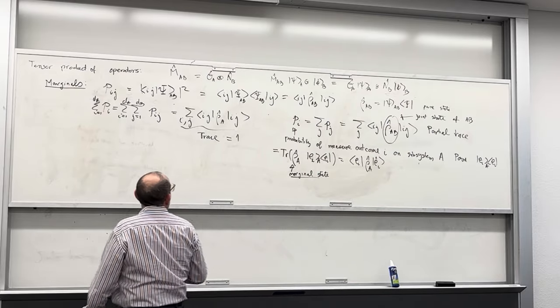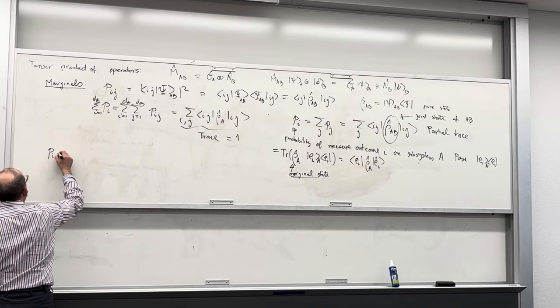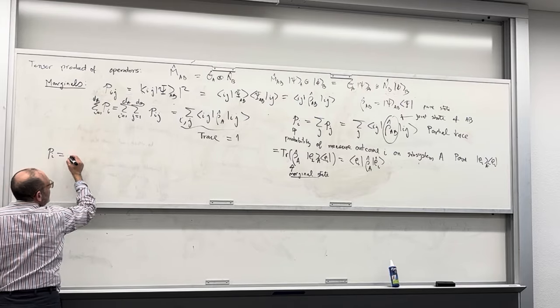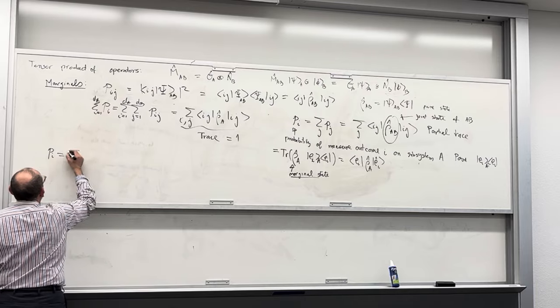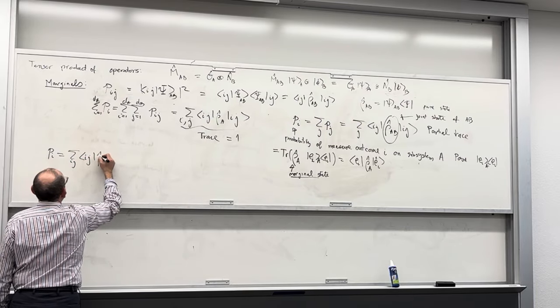Because what I see here is that P_i is equal to, if I look at this, I'll write it out again. What's written over there, I'll just write again for my own convenience, maybe yours.